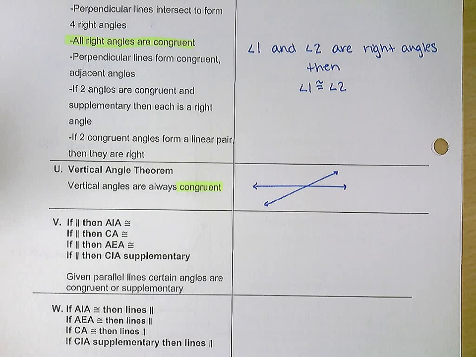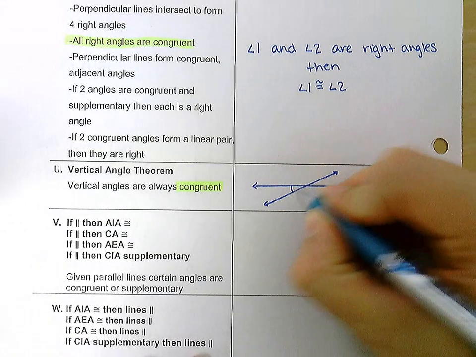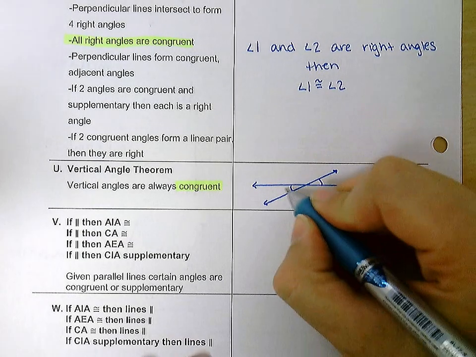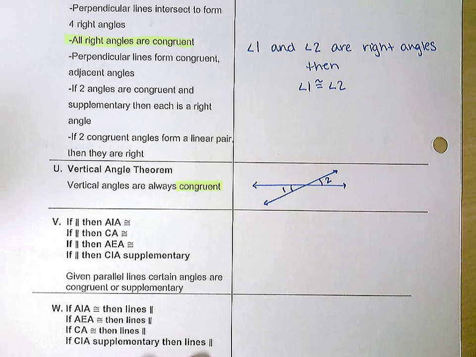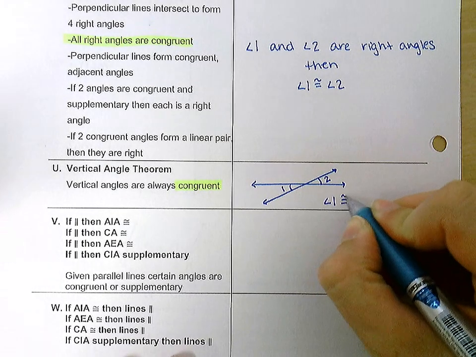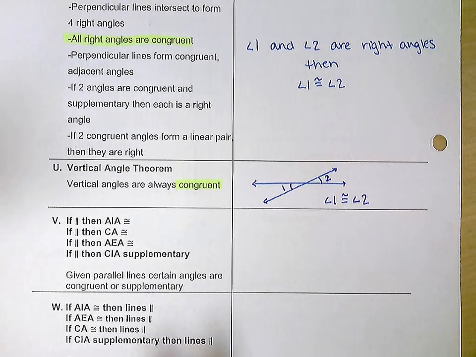So here are my two intersecting lines. Vertical angles are the ones across from each other. So if I have angle 1 and angle 2, I can say that angle 1 is congruent to angle 2 because of the vertical angle theorem, because they are vertical angles.